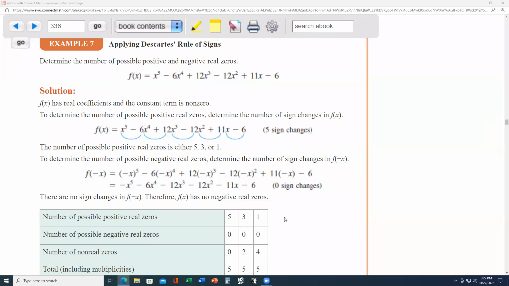Another possible scenario is this fifth degree polynomial could have 1 real positive zero, no negative real zeros, but then it would have to have 4 complex zeros. So we would have 2 pairs of complex conjugate zeros, and notice we would have a total of 5 zeros. So these are the only possible scenarios that could occur according to Descartes' rule of signs here for this polynomial function.